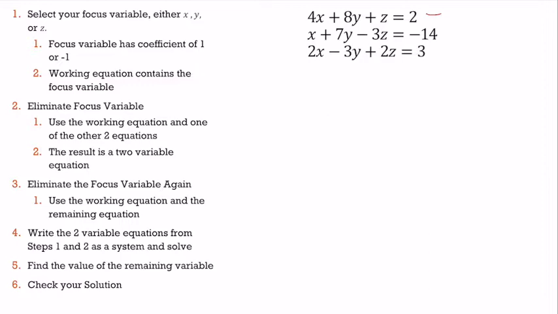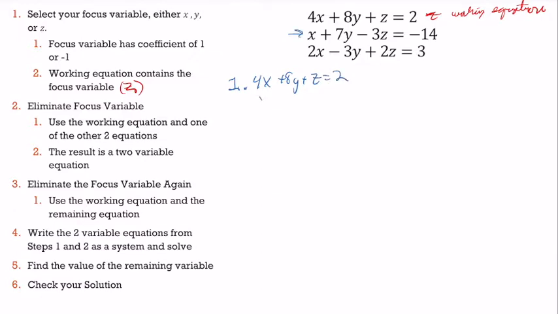Let's switch to a prettier color, shall we? So the first thing I'm going to do is take my focus equation, which is 4x plus 8y plus z equals 2, and let's go ahead and work with our second equation.